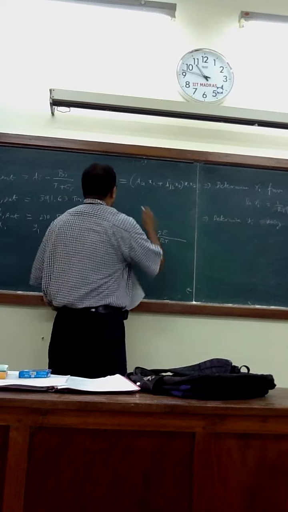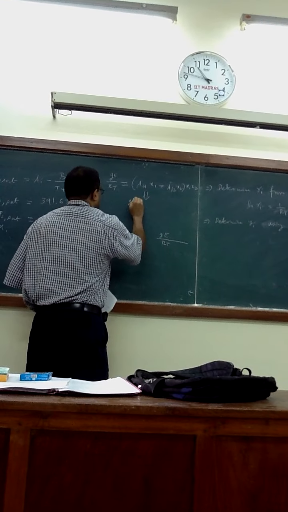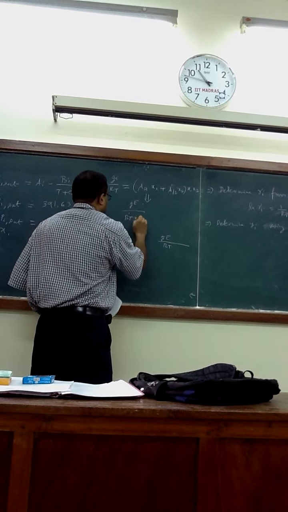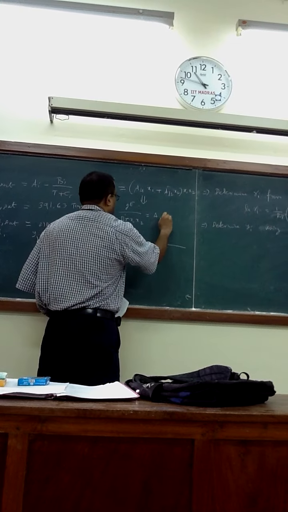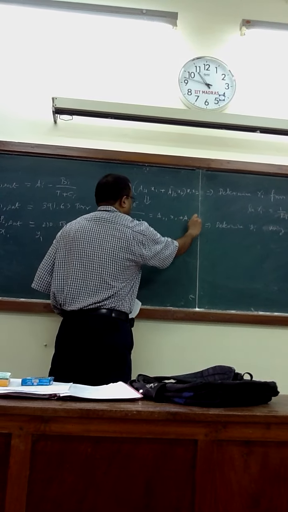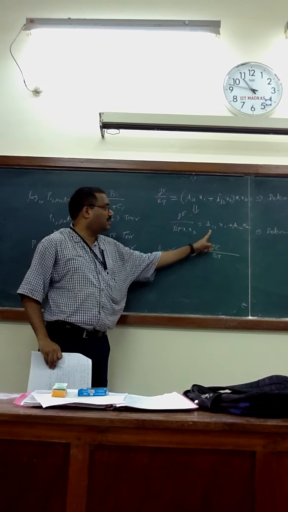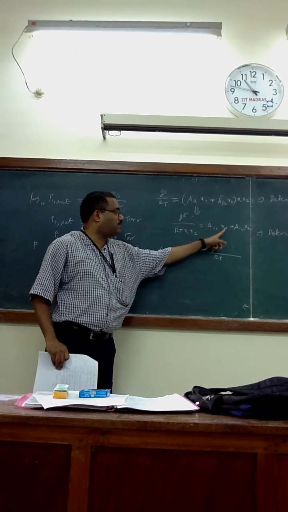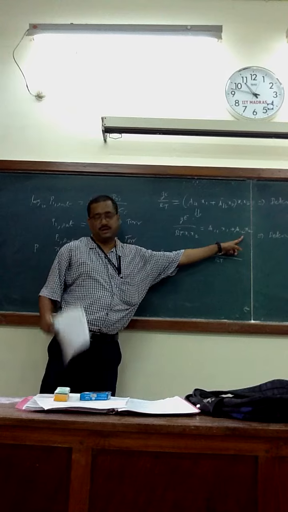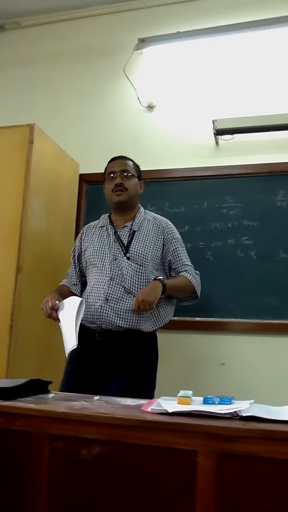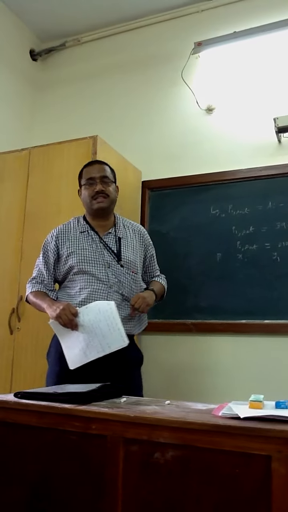So we can see that this will lead to G^E/RT x1 x2 equals A21 x1 plus A12 x2. That means G^E/RT x1 x2 is A12 plus (A21 minus A12) x1, so that's a linear function of x1, like y equals mx plus c.